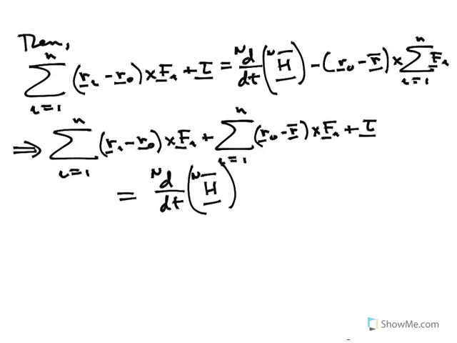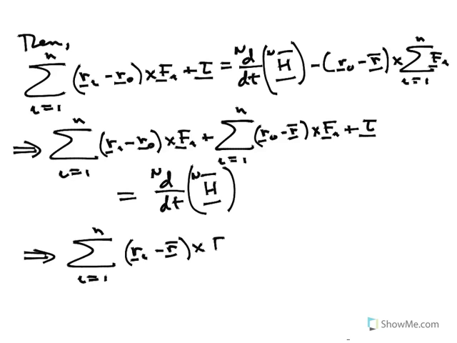Now let's look at what happens when we simplify this last expression. So what do we get? We get the sum from i equals 1 to n. Now look what we have here. We have Ri minus Ro and then plus Ro minus R bar all crossed with Fi. So this gives Ri minus R bar crossed with Fi plus tau is equal to the rate of change in n of h bar in n.